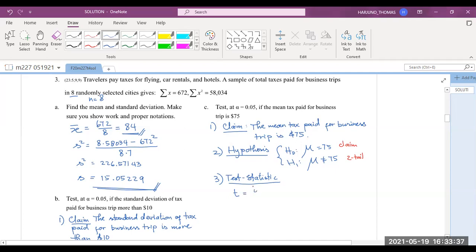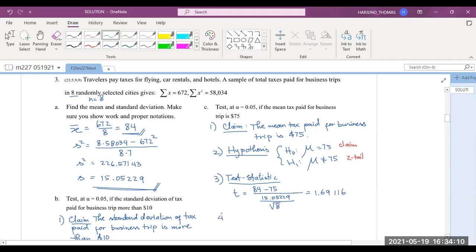X bar is 84 minus 75 over 15.05229 over square root of 8. Now make sure the line on the top is longer. I get 1.69116.